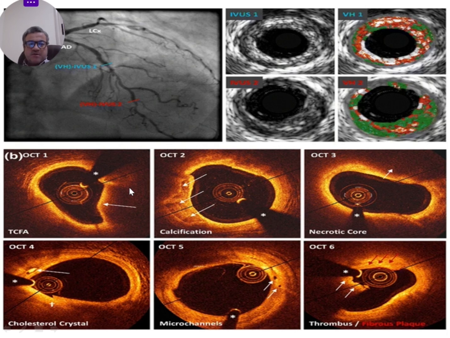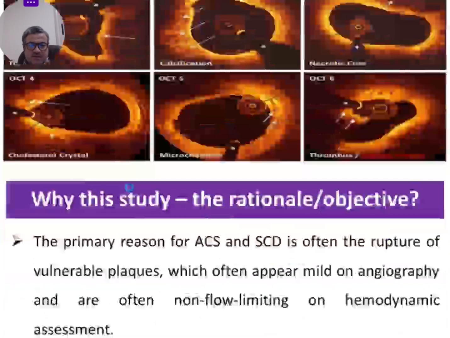All of these features are considered markers of plaque vulnerability. So a lot of us at that time will consider doing PCI. This practical debate is exactly the rationale of the PREVENT trial.